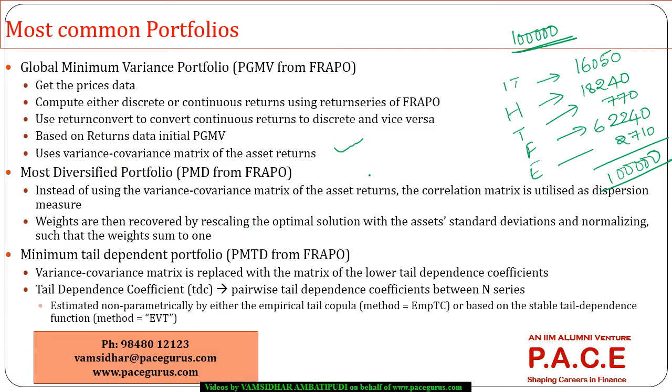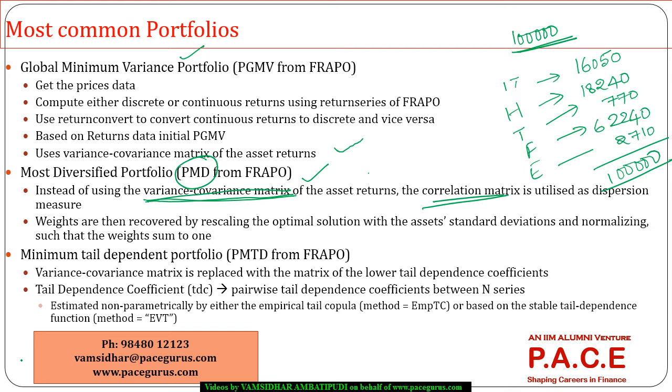Now, the second one that I am going to talk about is the most diversified portfolio, for which we would be using a function called PMD. All is the same as the global minimum variance portfolio itself. The allotment is exactly the same, but instead of using the variance covariance matrix for the allocation, here it will use the correlation matrix for the allocation across the various classes.